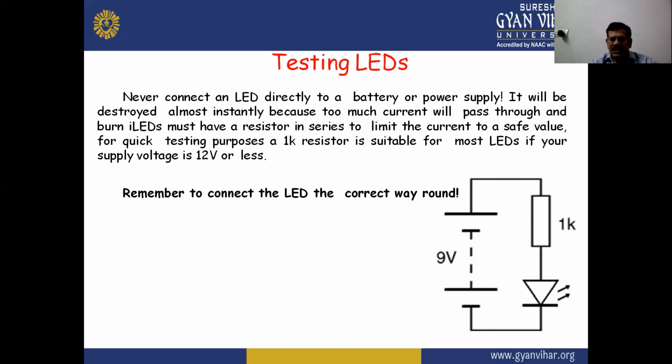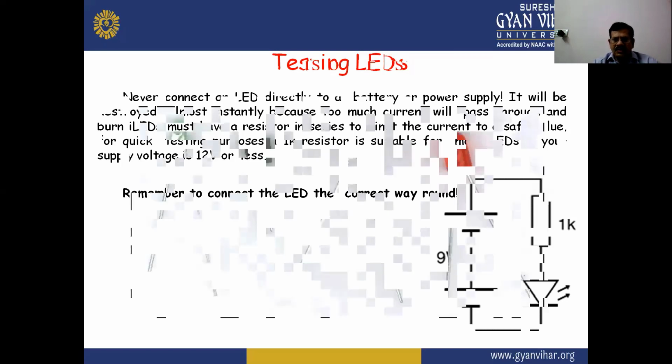We see in this circuit diagram that the supply voltage is not directly connected to the LED, but is connected through the 1 kilo ohm resistor. So this is the testing of LED. Remember to connect the LED the correct way round.